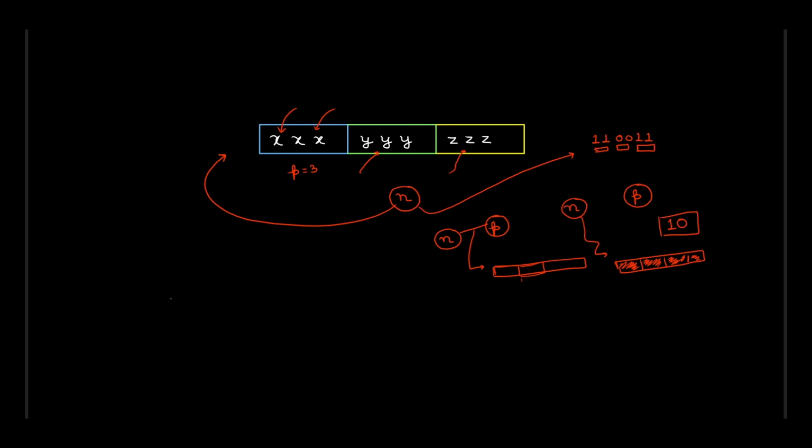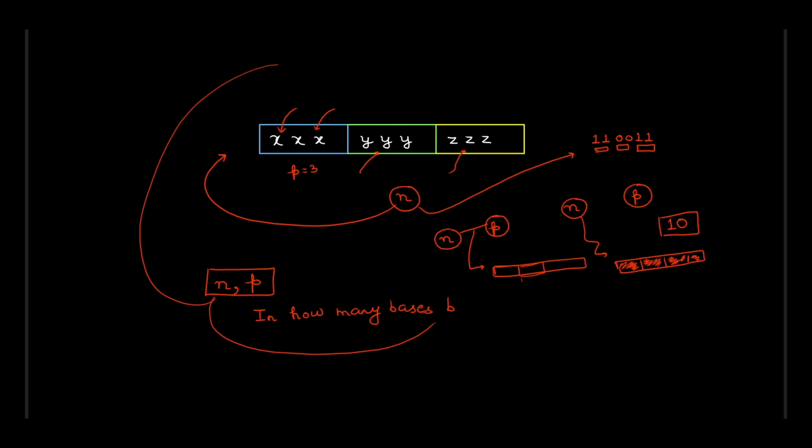But what if I ask you to solve this problem for a general base, that is, given n and p, can you find out in how many bases does n have this representation?